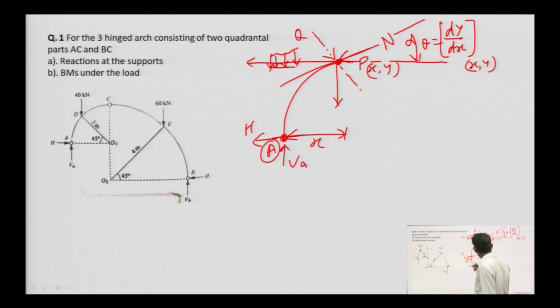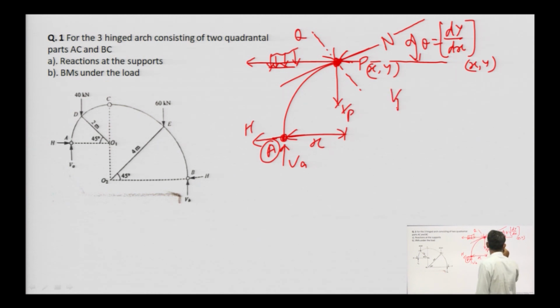At this point, what will be the value of the component here? At here, Vp. What is Vp?